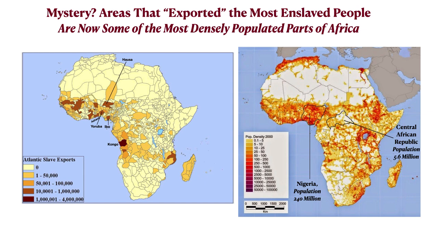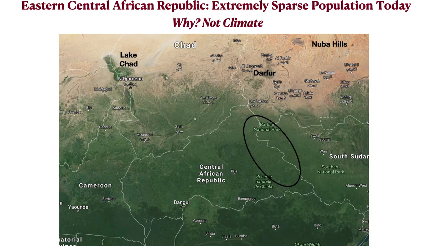Now, why is Central African Republic so sparsely populated, especially if it had relatively little role in the slave trade? Well, it's not sparsely populated because of climate. Central African Republic is well south of the Sahara. This is a satellite image, and you can basically see the Sahara and the shades of brown in the north.